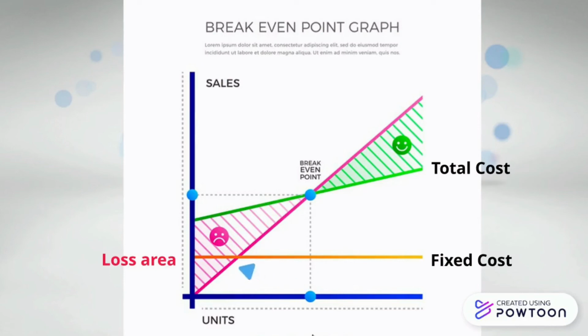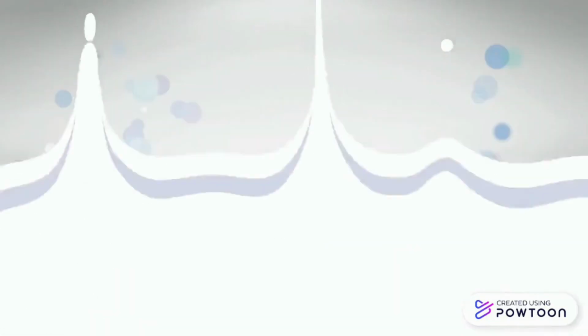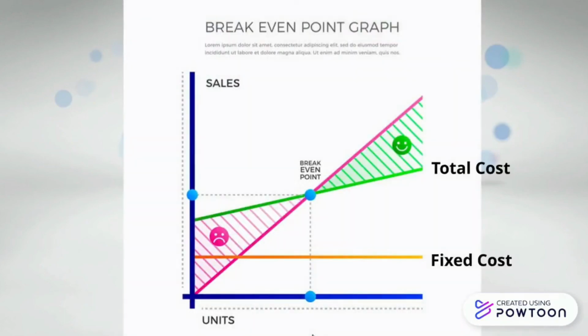When you're selling more than enough apple juice to earn more than enough money to pay for the short-term things, then this extra earning is called profit. So, when you're at a break-even point, you're not in a good situation, but also not in a bad situation. You have no profit, but also no loss.